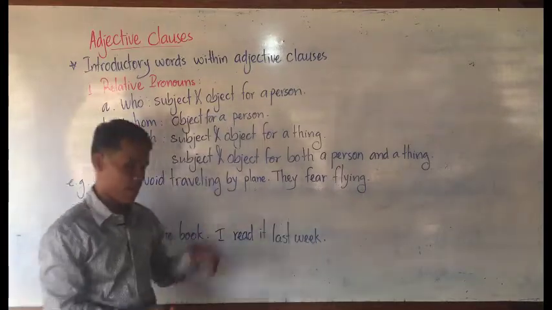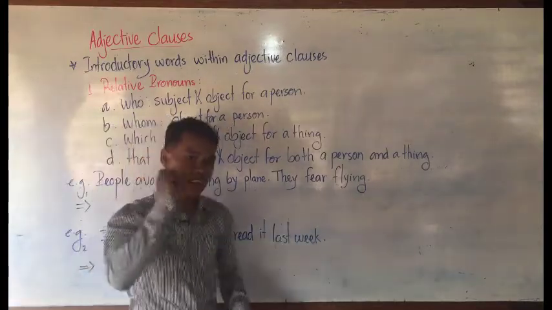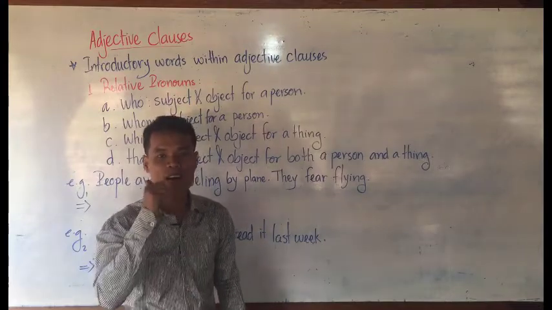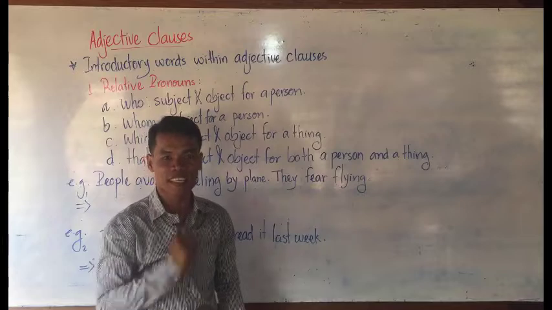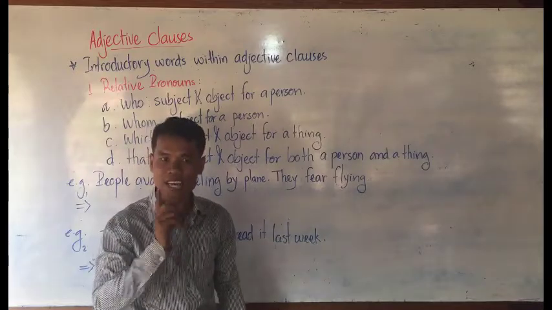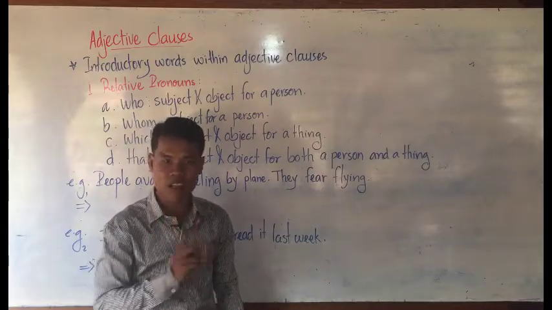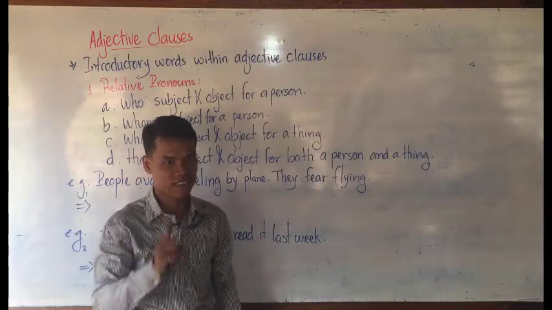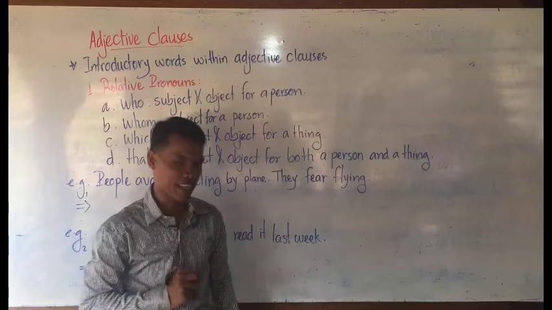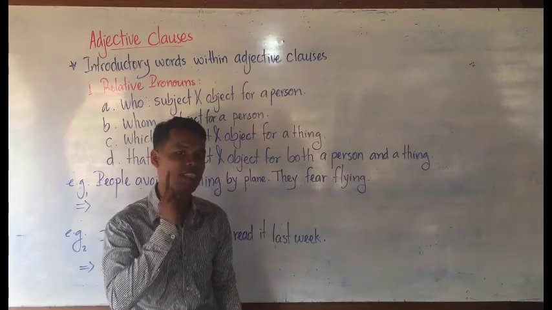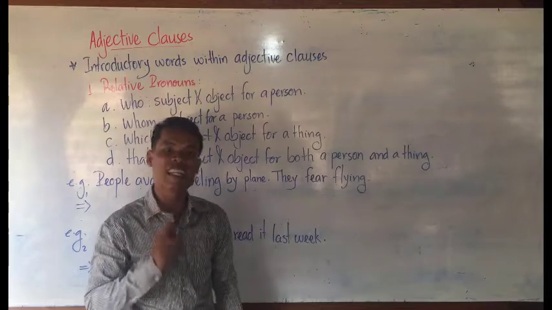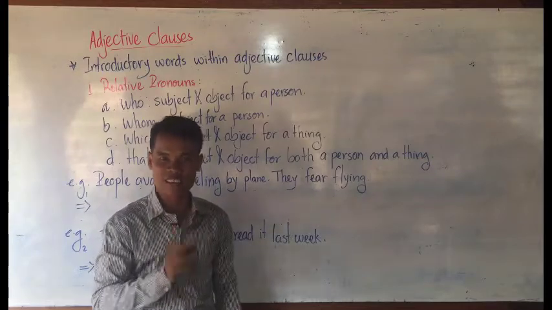One more thing about "that": please bear in mind that the relative pronoun "that" is used only in defining relative clauses. In non-defining relative clauses, "that" is not used at all. So please don't forget it.